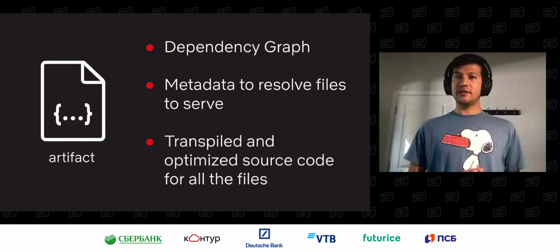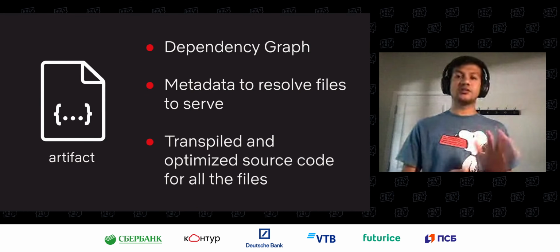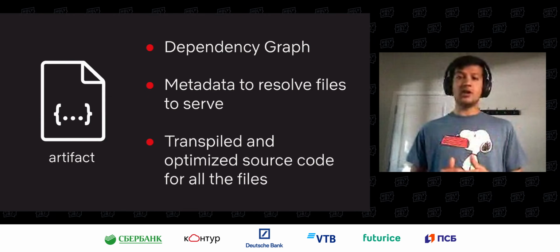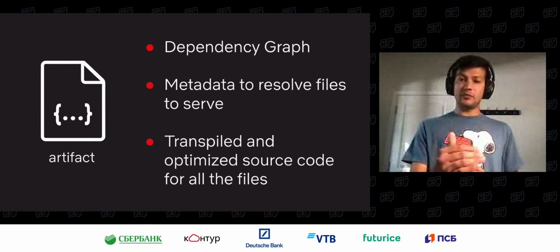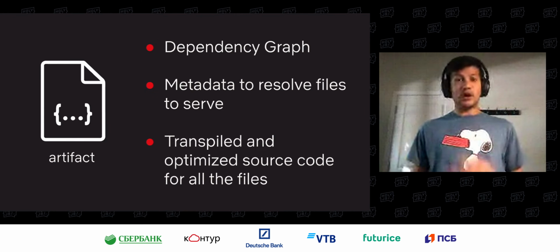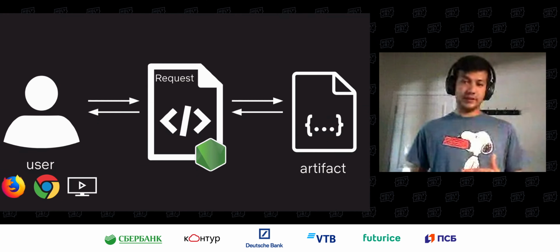So you can imagine this artifact is like a snapshot of your source code when it was built, because it already contains all your source code with all the dependency graph information and all the metadata on top. The artifact becomes the bridge between build time and request time.